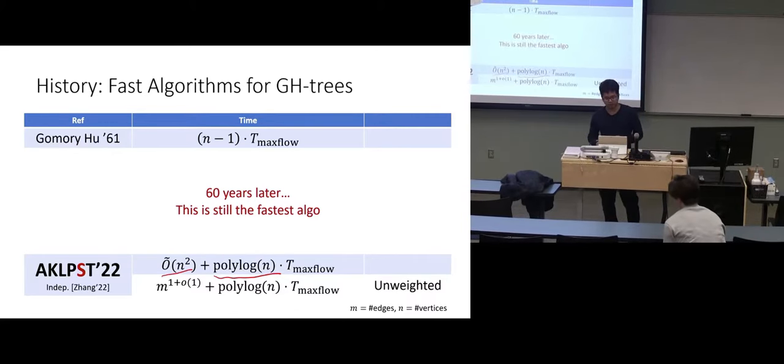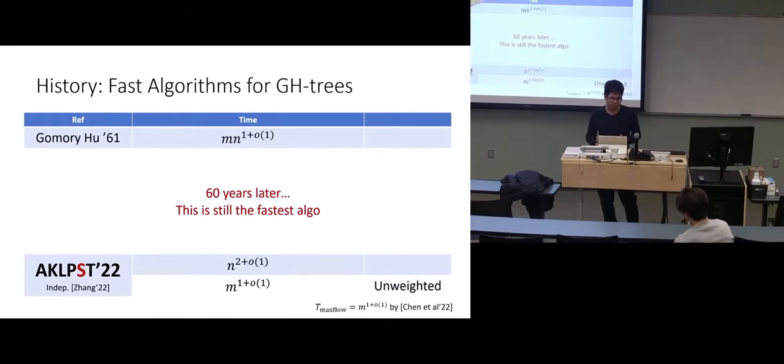And because MaxFlow can be solved quite fast now, the total time that you end up with is, instead of mn, n square, and actually we get something like m linear if the graph is unweighted.